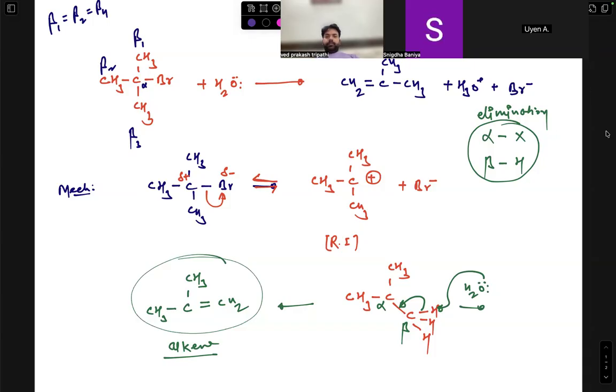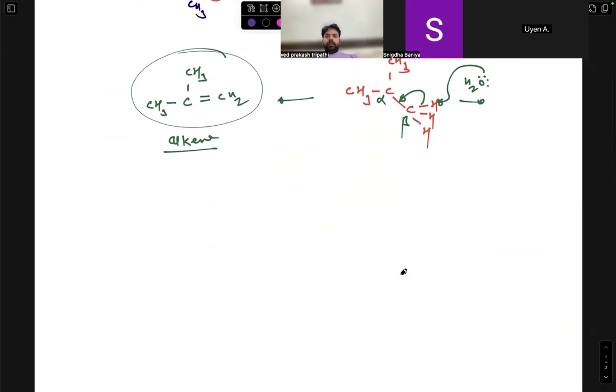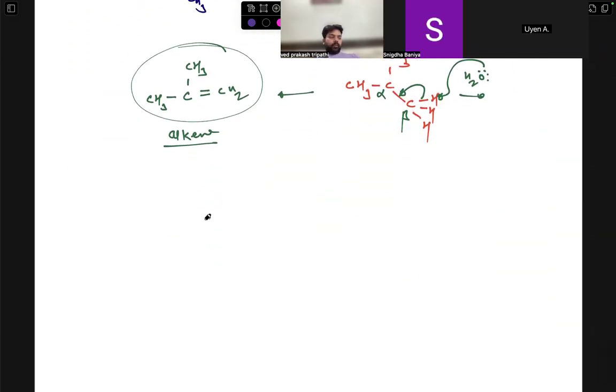For example, suppose we have this one, and we have to write down the product directly. So this is my alpha carbon. The alpha neighboring carbon is called beta.